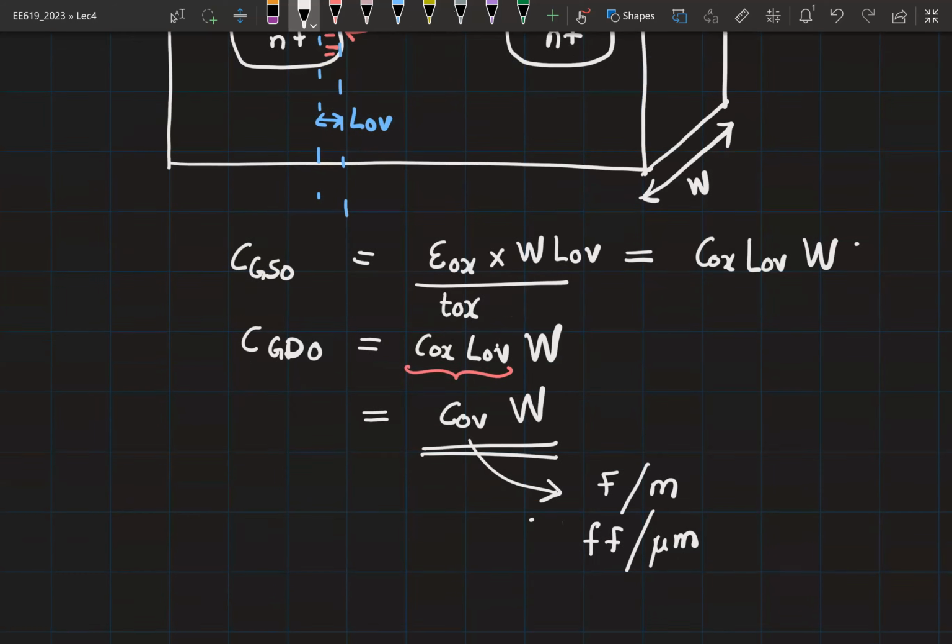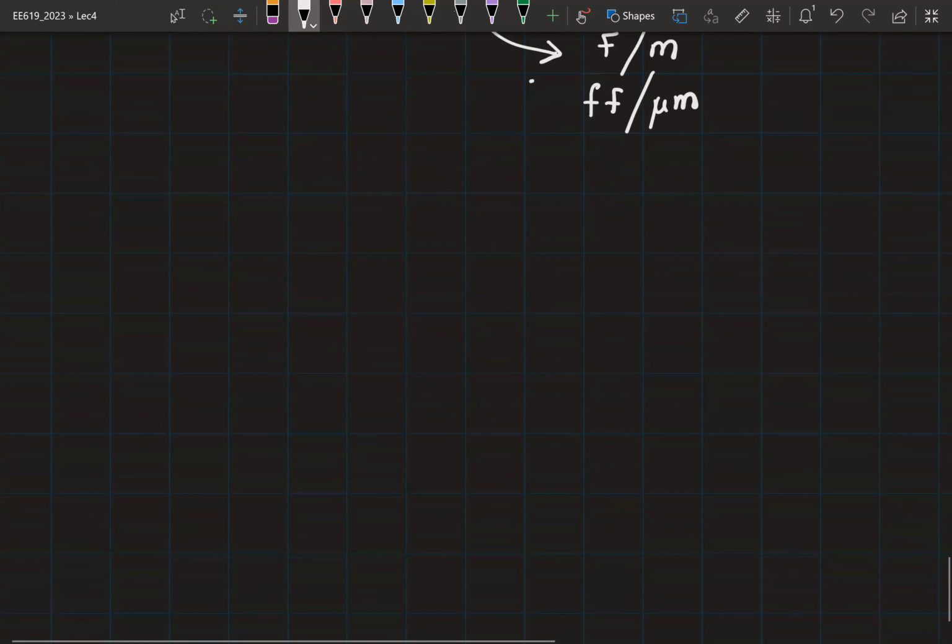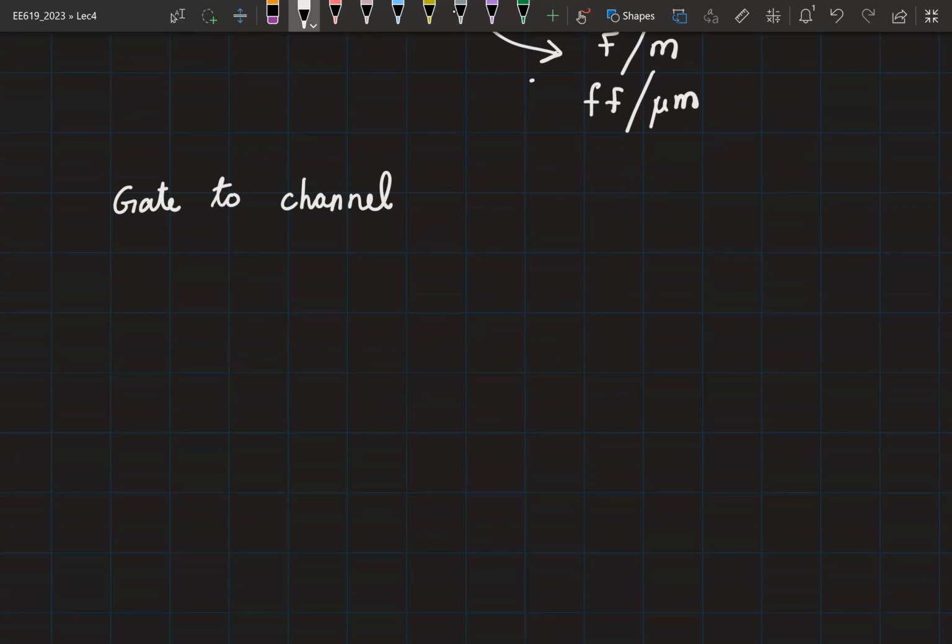So next we move on to what is called the gate to channel capacitance, given by CGC.